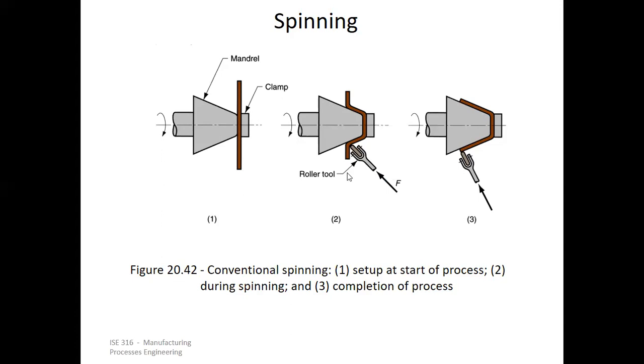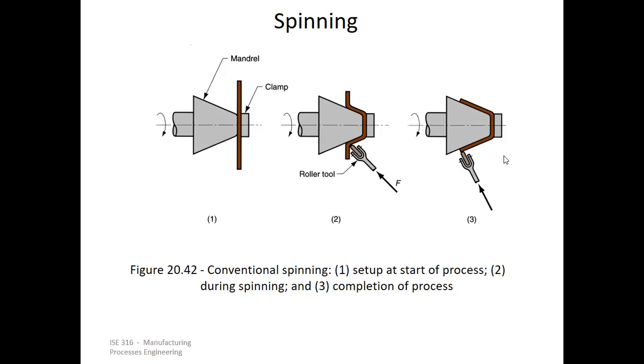So this is when it is being formed, right? Spinning. So this roller tool is what will apply force, and it will move here and there so that the sheet can take the shape of this die, because it is against it, right? Like the force is applied against the die, and therefore that profile would be formed.